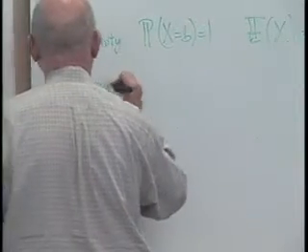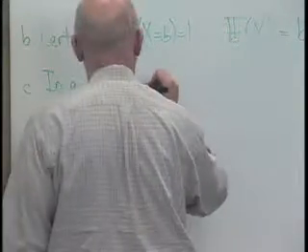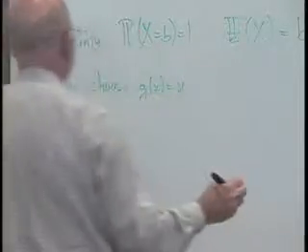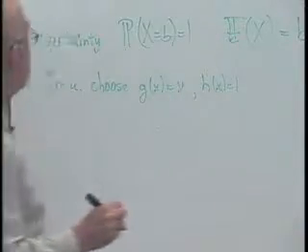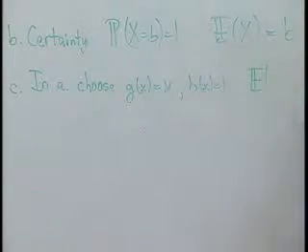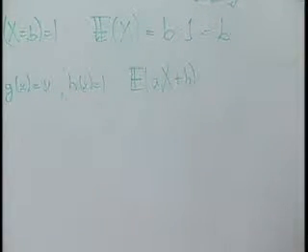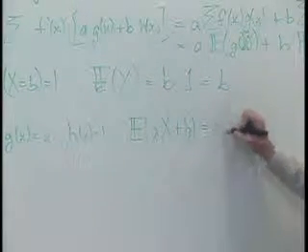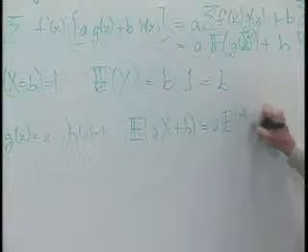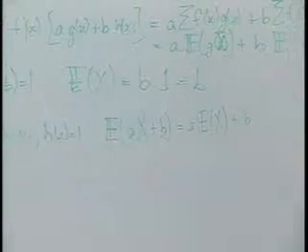So in part A, I'm going to choose for g of x the identity function, and for h of x the function that has the constant value 1, and that tells me that the expectation of A times X plus B is A times the expectation of X plus the expectation of B, which we now know is B.